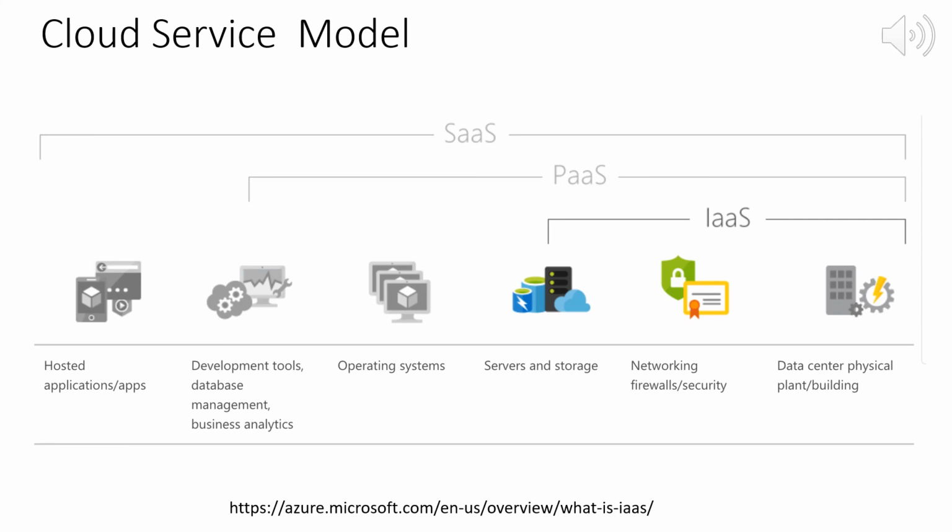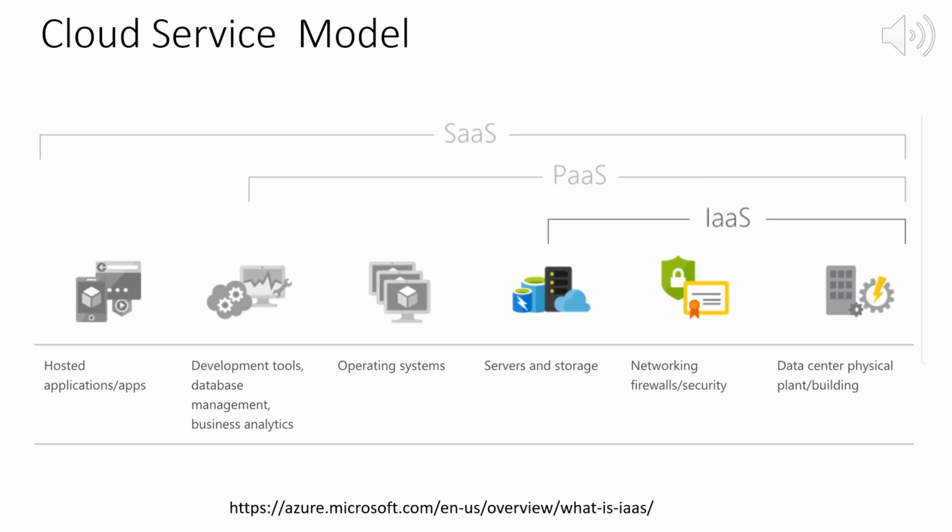I found this nice picture here from the Azure website. And let's remind ourselves that we have infrastructure as a service, where we have, for example, the data center and physical plants and buildings in there. We have network infrastructure and storage infrastructure, and the services themselves as part of the infrastructure as a service.